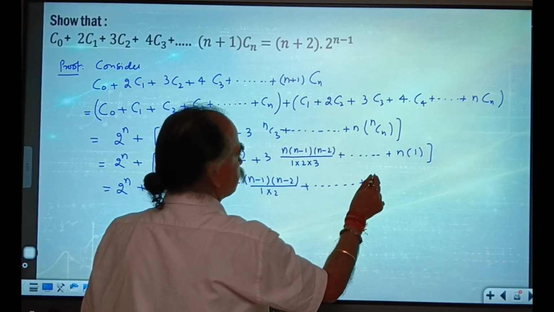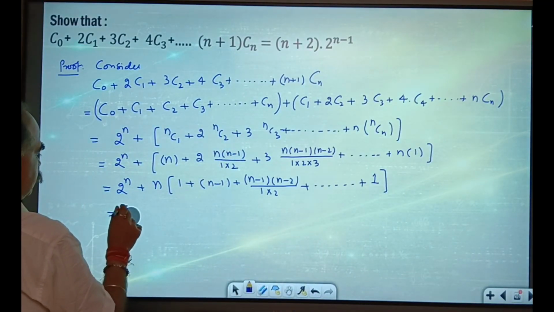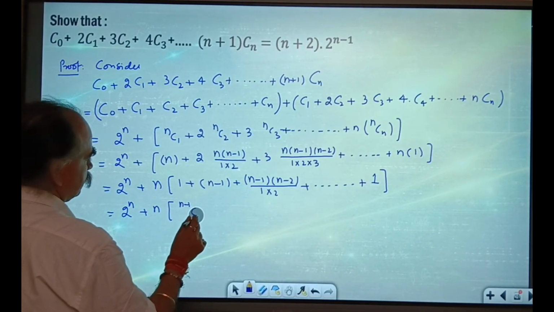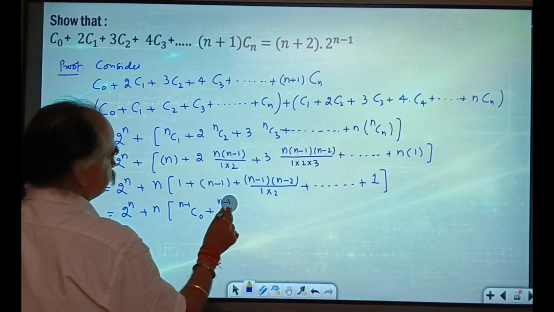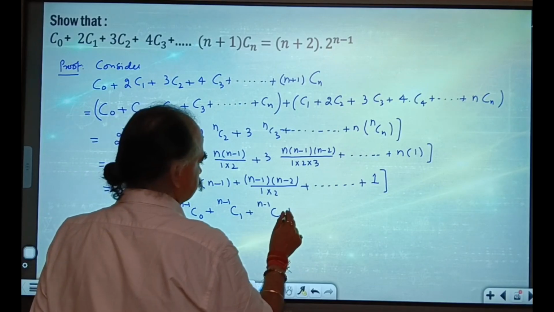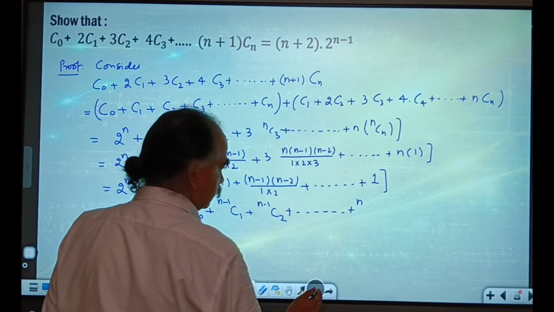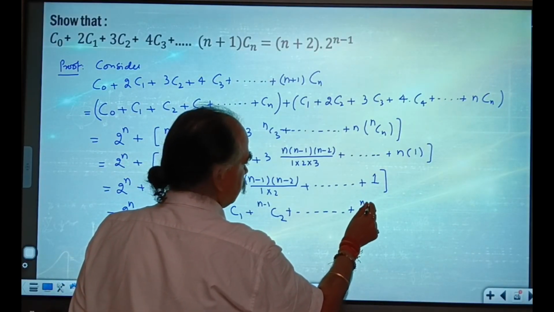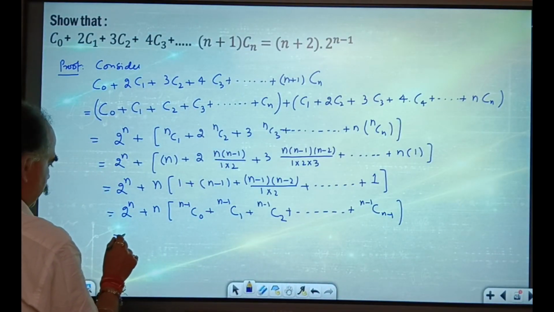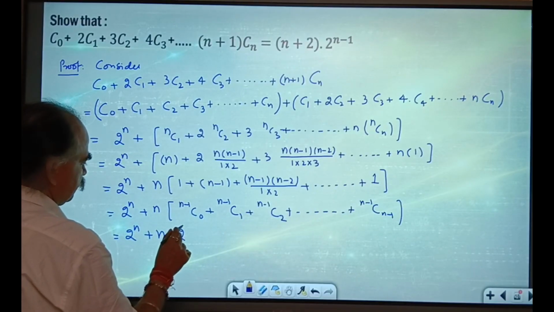We have already taken n common, so 1 is left. 2 raised to n plus n times n minus 1 C0, n minus 1 C1, n minus 1 C2, and so on up to n minus 1 C n minus 1. 2 raised to n plus n times 2 raised to n minus 1.